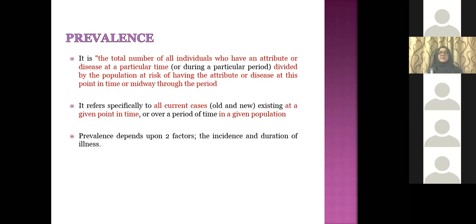What does that mean? This means that if the incidence of a disease decreases and the duration of illness decreases, then the prevalence will also decrease. And if the incidence of the disease increases or the duration of the disease also increases, then the prevalence of the disease will also increase. So it is dependent upon these two factors.